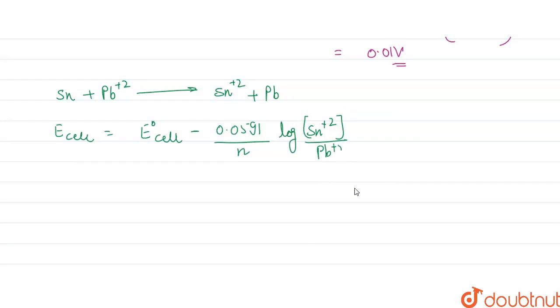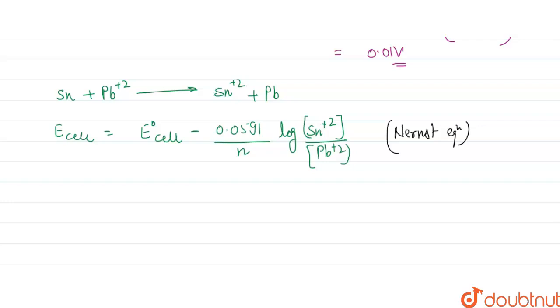Actually this is the Nernst equation. So E cell will be the E naught cell minus 0.0591 upon n, where n is the number of electrons, and log the concentration of Sn2+ upon concentration of Pb2+.